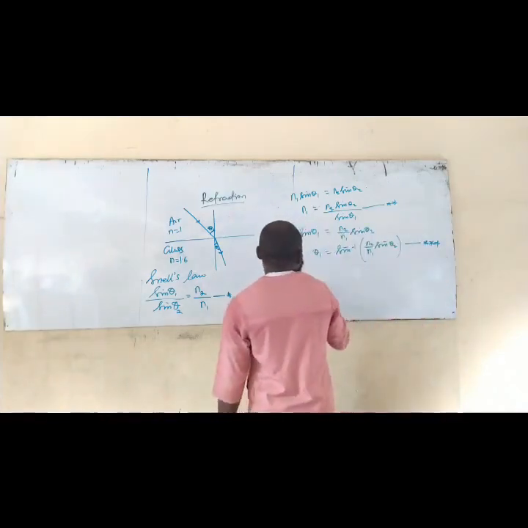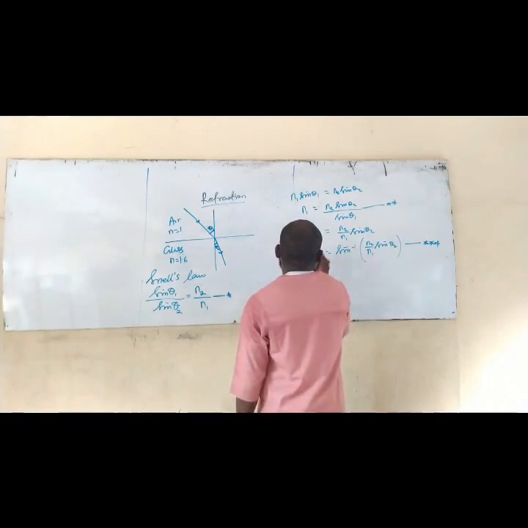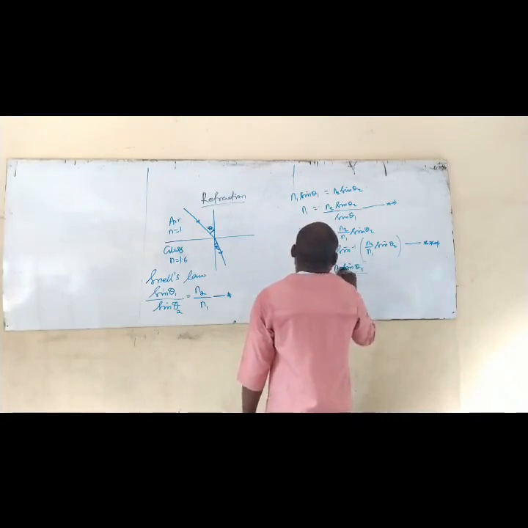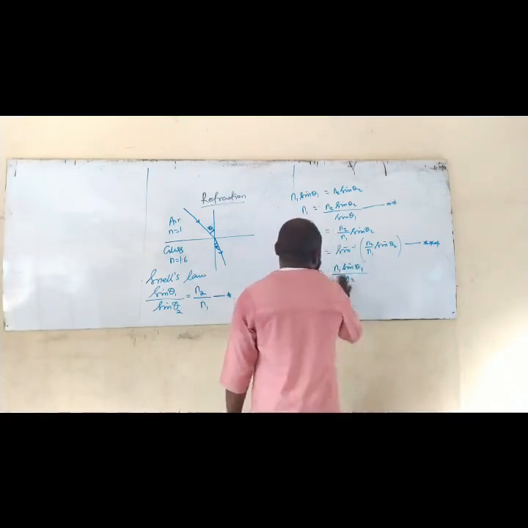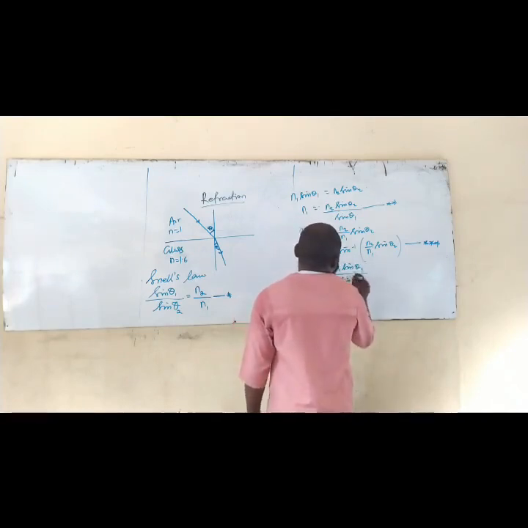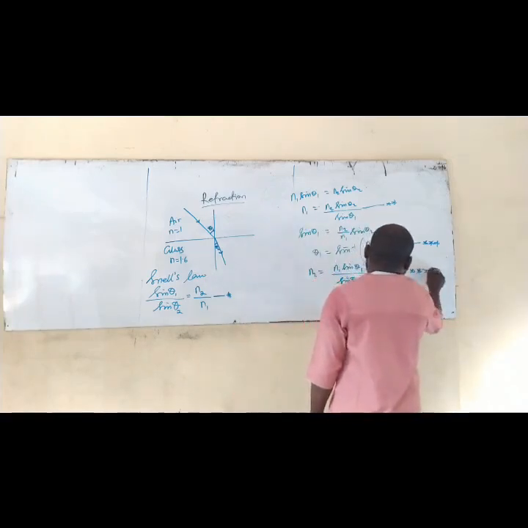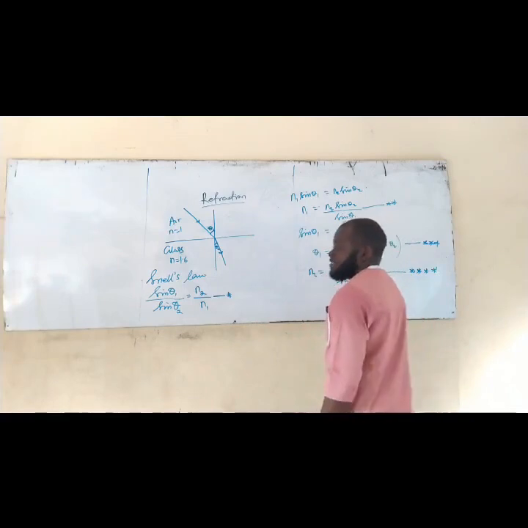And if I'm looking for N2, it will become N1 sine theta 1 divided by sine theta 2. And I can call this star. Are you seeing it now?